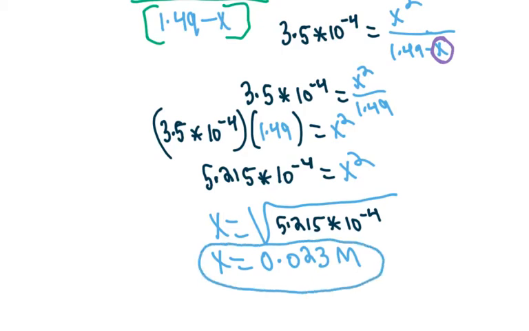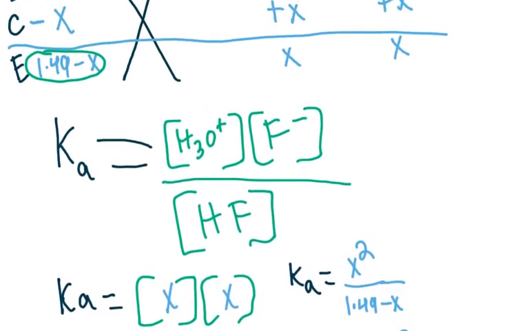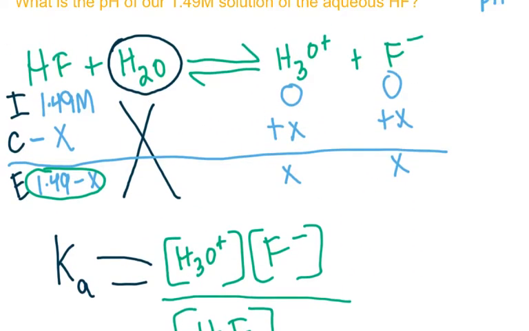All right, now we have a concentration. But now I'm wondering again, what's this random value? How do we use this to find the pH? Because we're almost there. Well, let's go back up and see our ice table. Didn't we say in our ice table that x will represent the concentration for H3O plus, and x also represents the concentration for the fluoride anion? So that means that if we have a value for x, that same value is also the concentration for H3O plus, right?